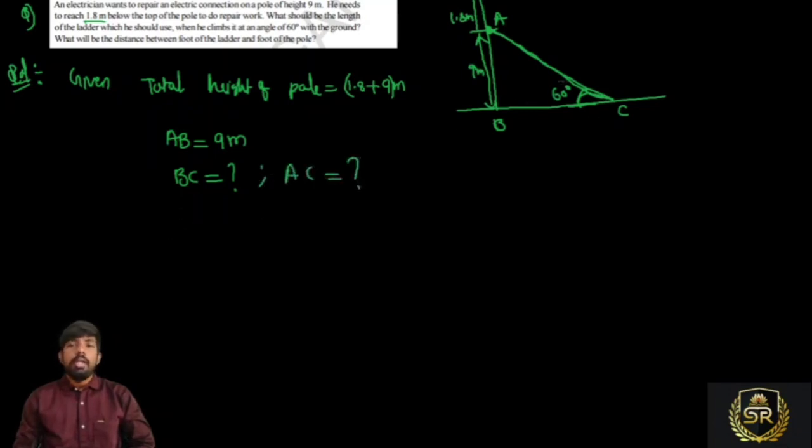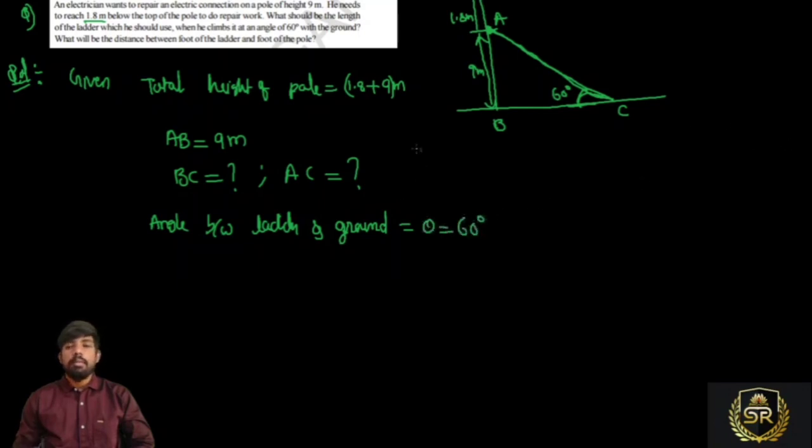Now we have a 60 degrees angle between the ladder and the ground. Theta, the angle between the ladder and the ground, is equal to 60 degrees.